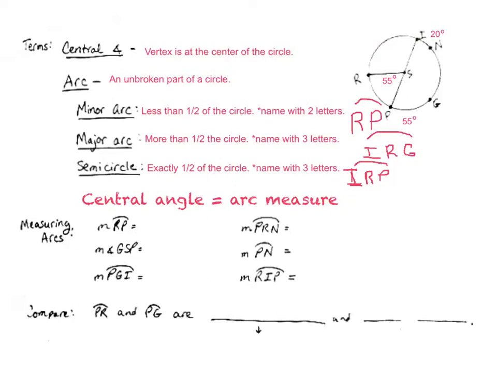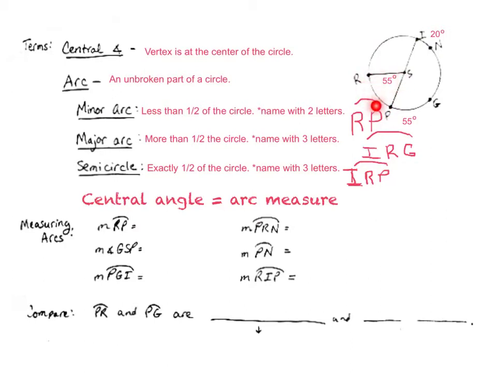First example here would be central angle equals arc measure. This is awesome. Central angle's exactly the same as the arc measure, so we can follow these numbers real simple. First one would be arc RP. You notice there's nothing for arc RP here, but there is for central angle RSP, and we have 55 degrees.